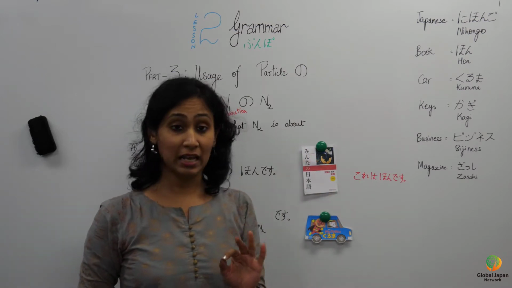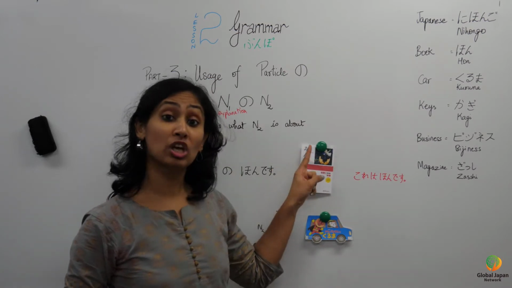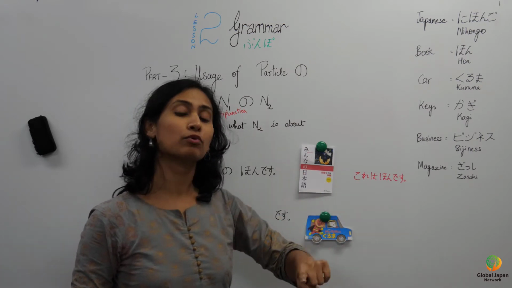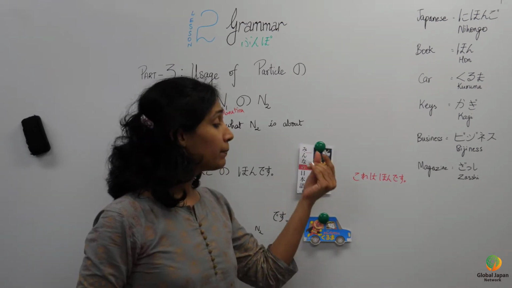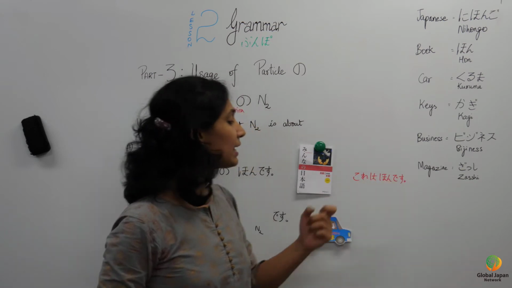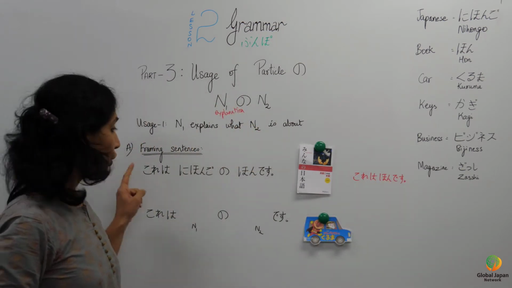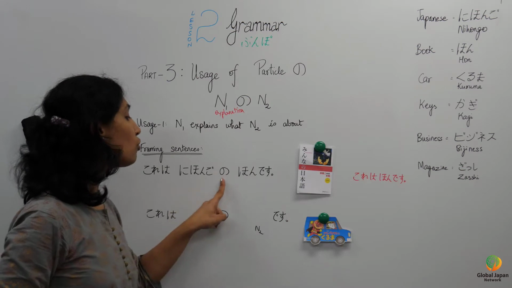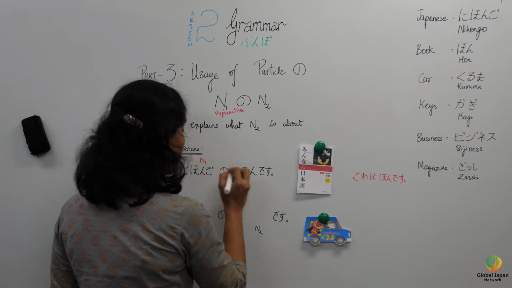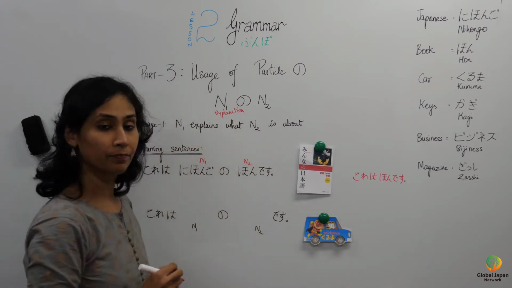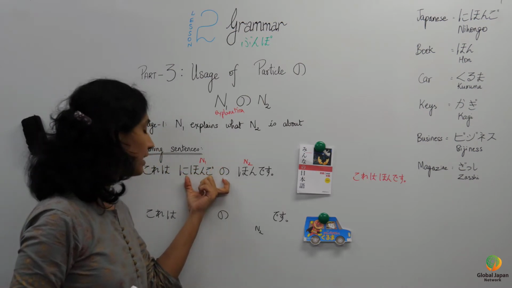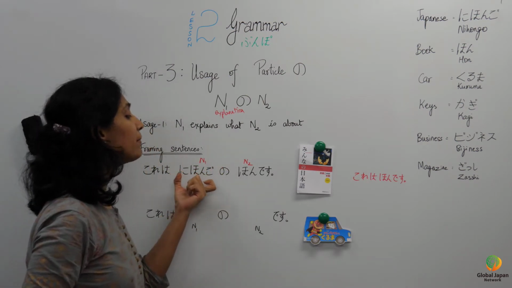If I have to tell this is a Japanese book, or this is a book on Japanese, I am giving more information about this object. In that scenario, the sentence would be Kore wa Nihongo no hon desu.